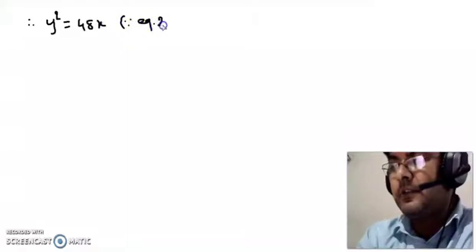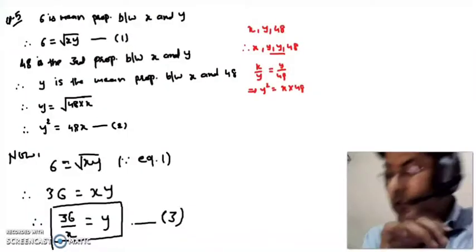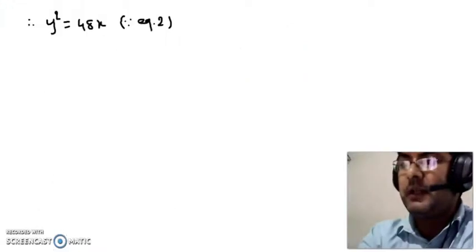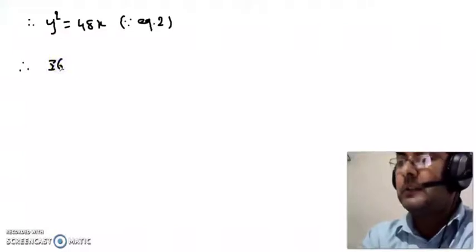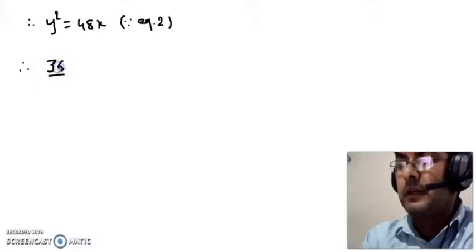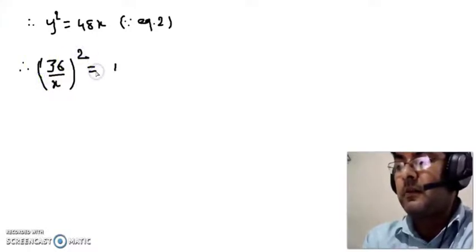This is equation 2, and the value of y is 36 by x, and therefore 36 by x, the whole square, is equal to 48x.